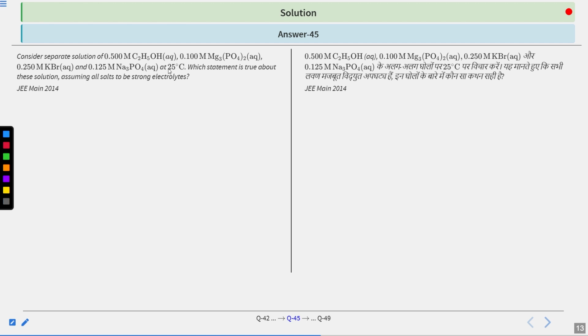And all these are at 25 degrees Celsius. Now to say which statement is correct about all these solutions, we have to consider that all of these salts are strong electrolytes. That means they will get completely dissociated when dissolved in water. So the correct answer will be A.